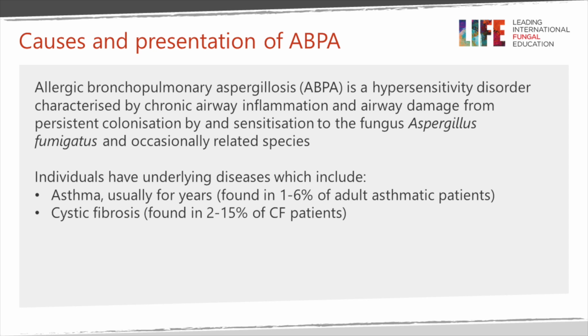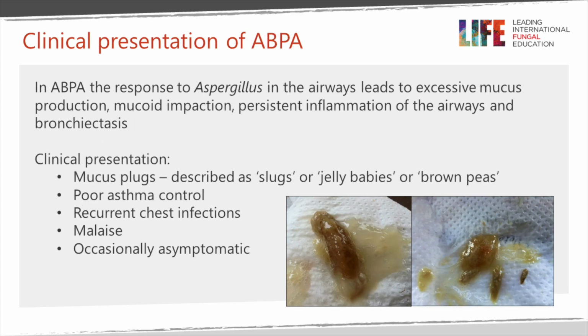You can't make the diagnosis of ABPA unless the patient has either got asthma or cystic fibrosis. These images are of some of the plugs that are the fundamental problem with ABPA, sometimes called slugs or jelly babies. Patients have often got poor asthma control with infections. Sometimes they're asymptomatic, but that doesn't mean disease isn't damaging the lung underlying them.